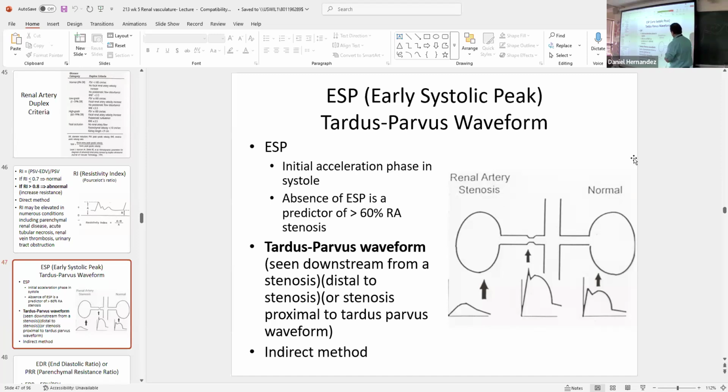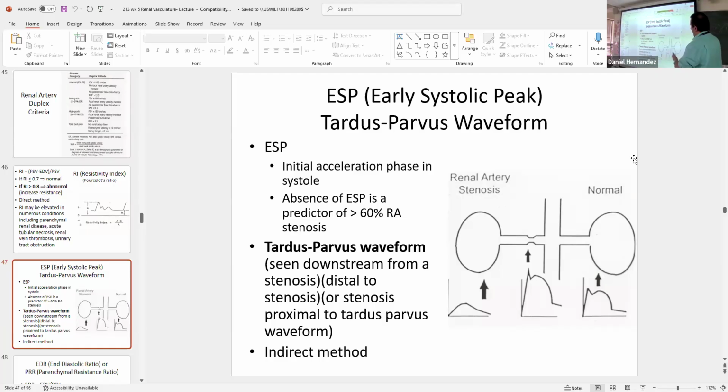When you're doing the renal arteries, you'll get this sharp peak, or it's going to rise up a bit, and then you get this little secondary peak. But if you don't have that nice little peak up there, that could indicate potential renal artery stenosis.